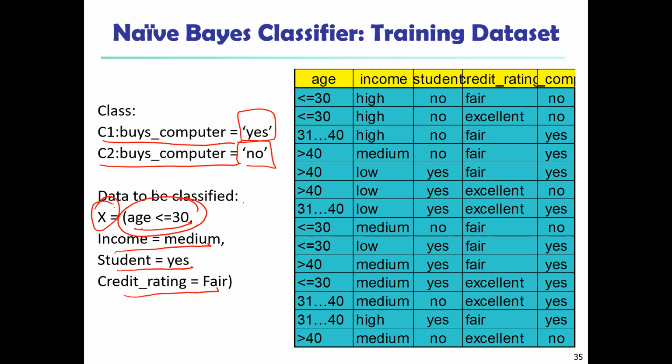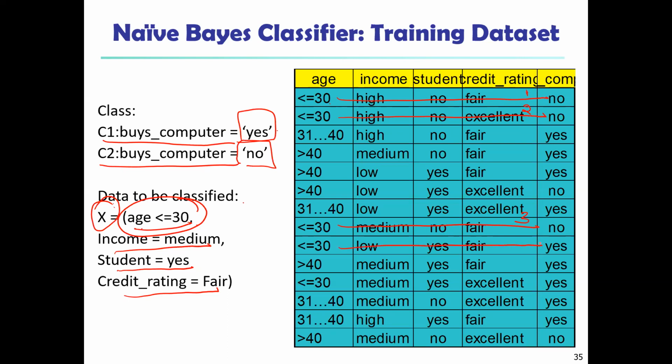For age less than or equal to 30, how many yes class labels are there? How many no class labels are there? Let me first count. For less than or equal to 30, 1 no, 2 no's, 3 no's.